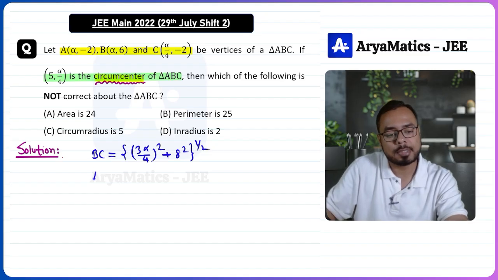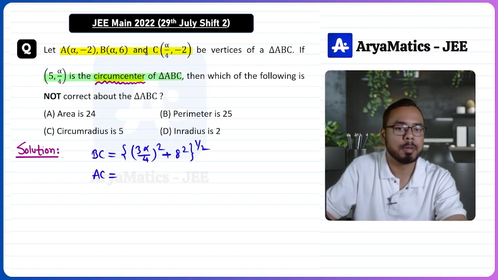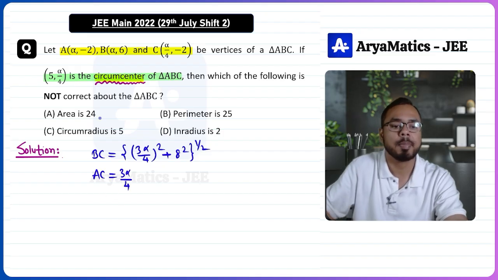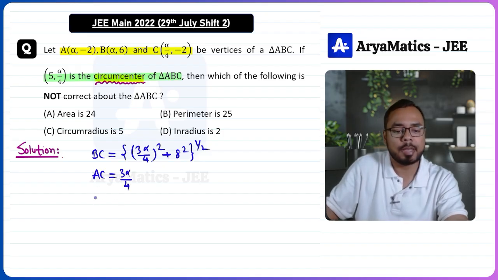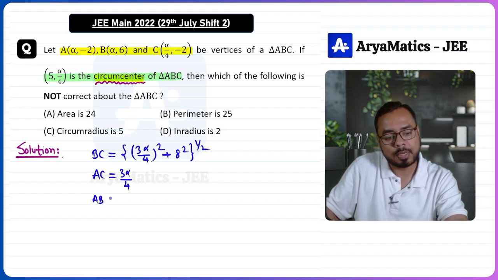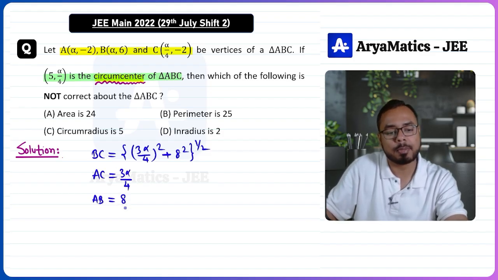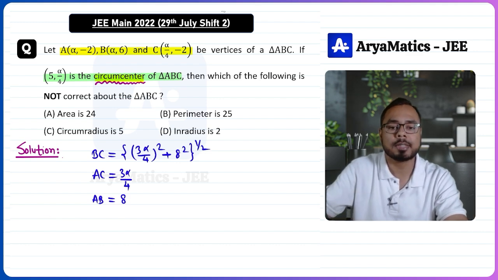Then side AC will be 3 alpha by 4, as the minus 2 and minus 2 cancel. And similarly the side AB, using the distance formula, alpha will cancel, 6 minus minus 2 will be 8.